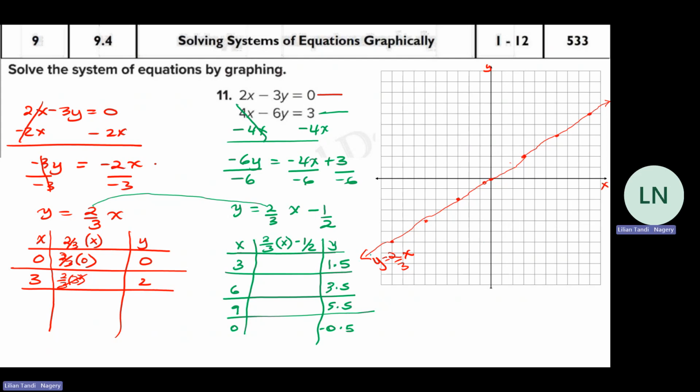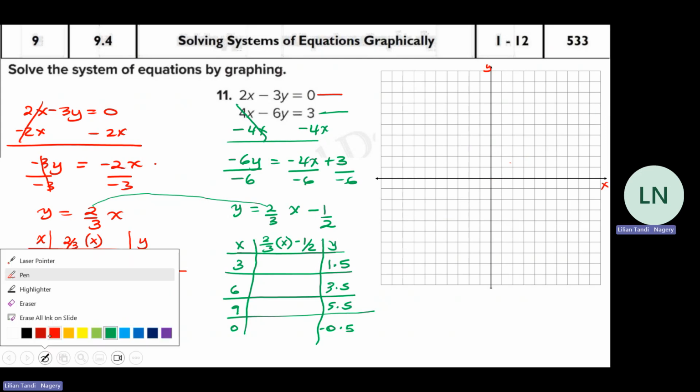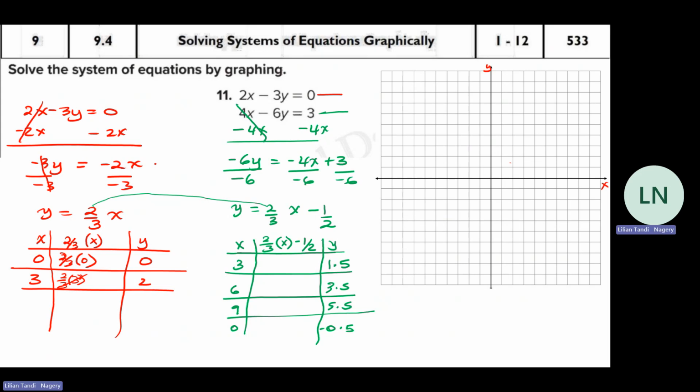So I'm going to erase this and accommodate, because now this graph was going by 1. I don't want my graph to go by 1 anymore. So I'm going to get my graph to go by half. So this is half, this is 1, this is 1.5, this is 2, this is 2.5, this is 3, this is 3.5, this is 4, this is 4.5.